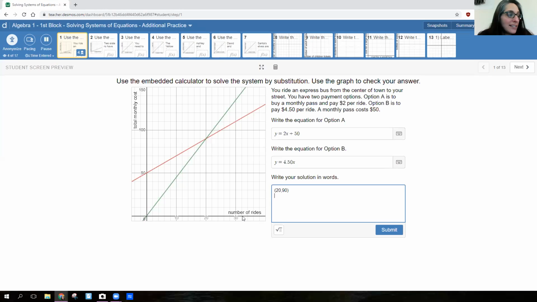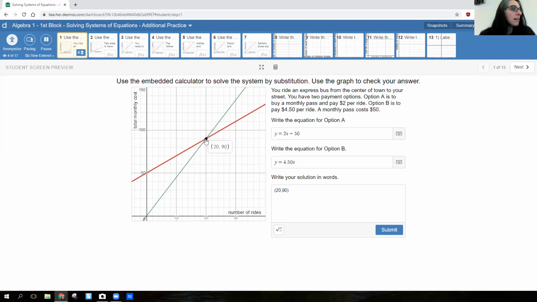And so there's a little hint right here. See down here on the x-axis says number of rides. So your x-coordinate represents how many times you ride the bus. And over here on the y-axis, it says monthly cost. That's your y-coordinate, is how much it costs you. So at this point right here, the solution, what's happening there?